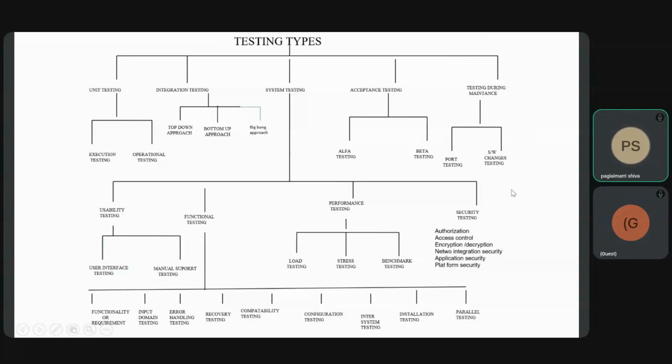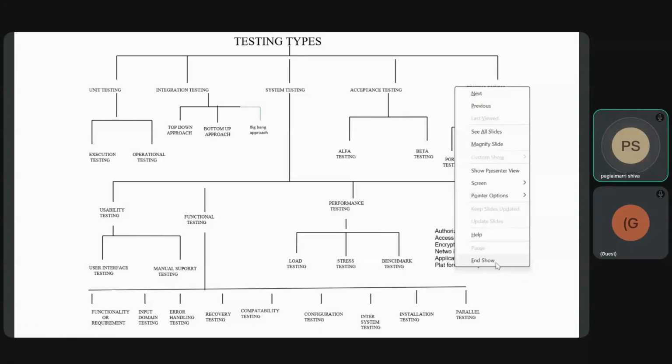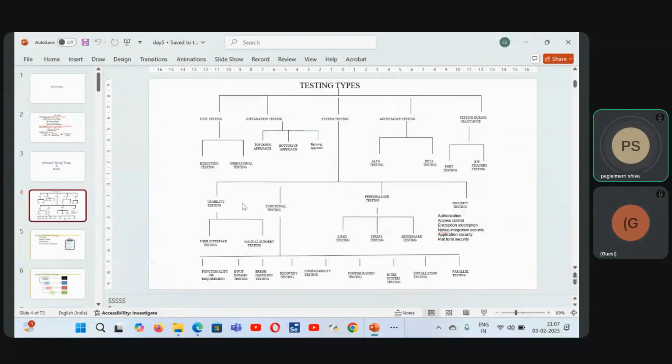See, this is the level of testing, whereas this comes under types of testing. And this is nothing but a system level of testing. These things all come under types of testing.